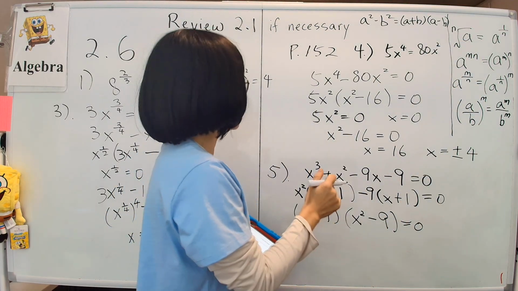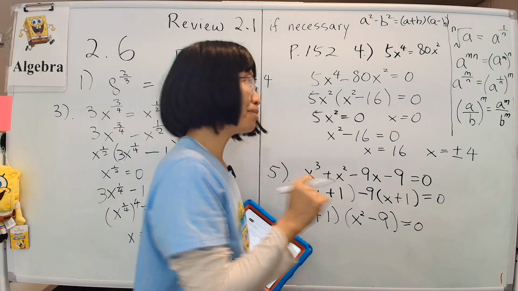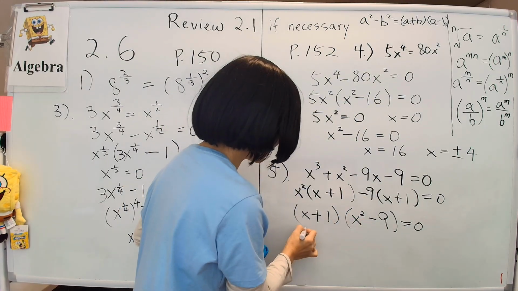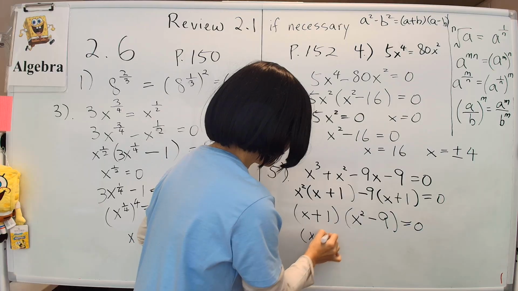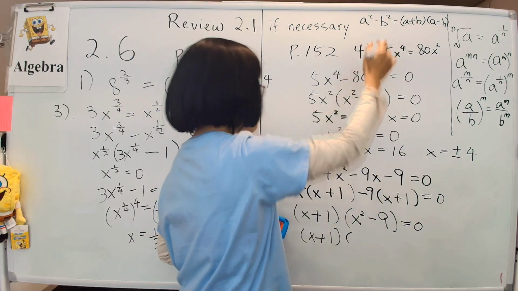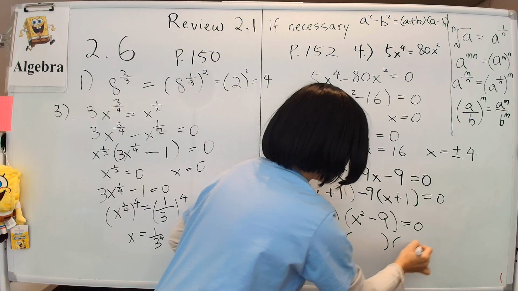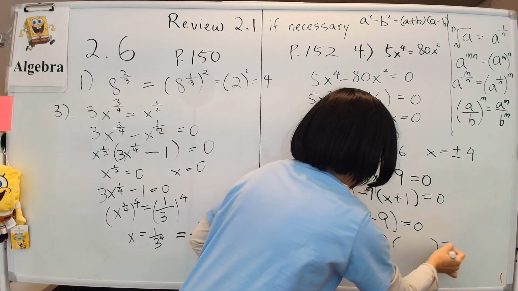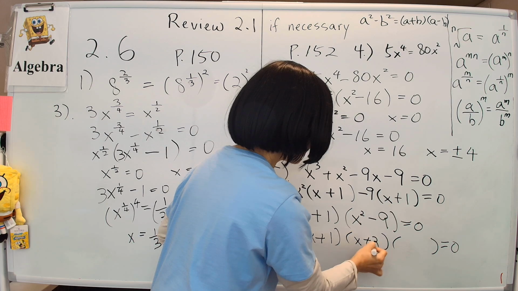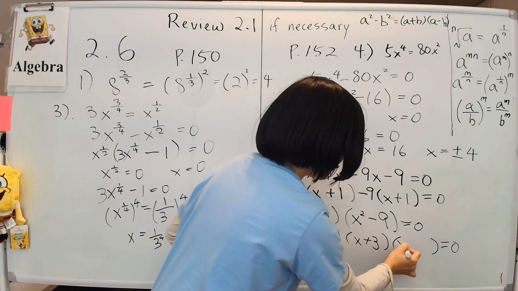Okay, part of your algebra being, this shows up a lot. So this thing then becomes x plus 1, that stays here, okay? And factoring this thing according to that principle, it will become the plus and the minus option. So that will become x plus 3, okay, because the square root of 9 is 3, and then x minus 3.